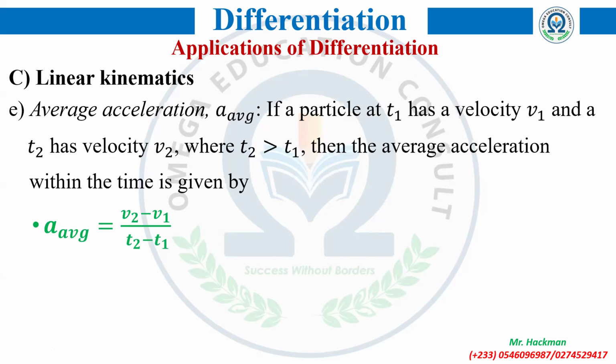Okay, so now the last one, that will be the average acceleration. So if a particle at t sub 1 has a velocity of v sub 1 and at t sub 2 a velocity of v sub 2, where t sub 2 is greater than t sub 1, then the average acceleration within the time interval is given by a sub avg, for average acceleration, and that would be equal to v sub 2 minus v sub 1 all over what? t sub 2 minus t sub 1.